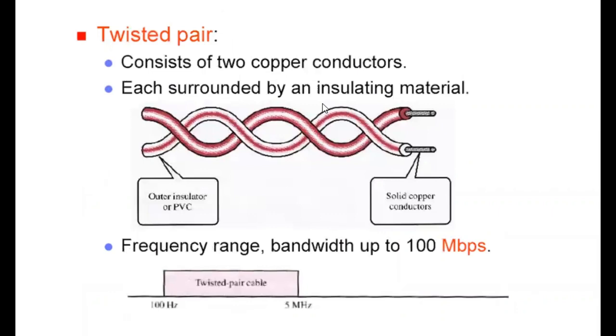The twisted pair is twisted for two reasons. Why don't they just have a pair of wires going from one machine to another? One is twist, and the name is twisted, because straight pairs have a problem with catching noise. Noise goes into them.